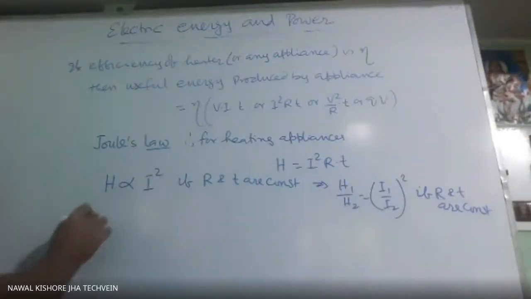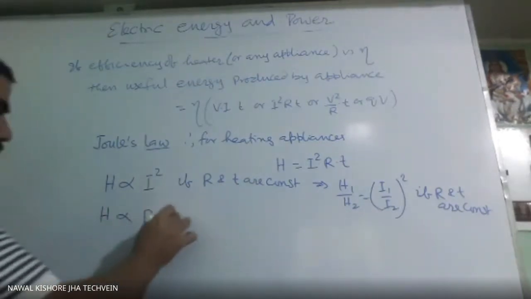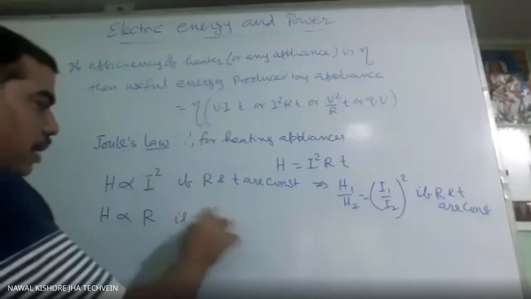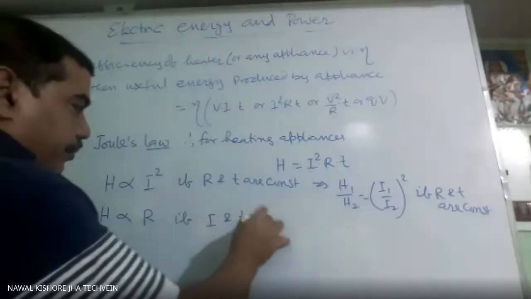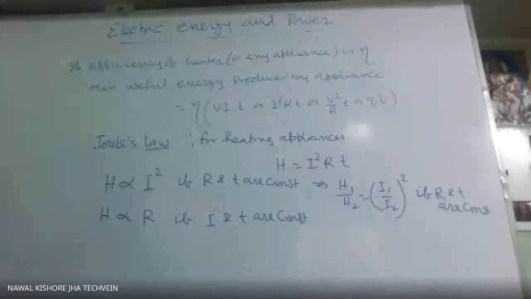The second thing will be, this H is directly proportional to R, if I and T are the same. That is, now the same current is passed and we are changing the resistance, that is, we are using a different heater. Maybe one heater has 10 ohm resistance, the other heater has 5 ohm resistance.